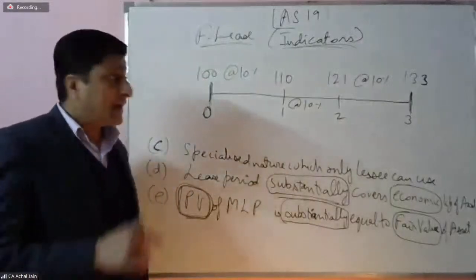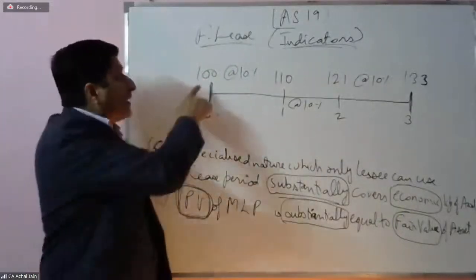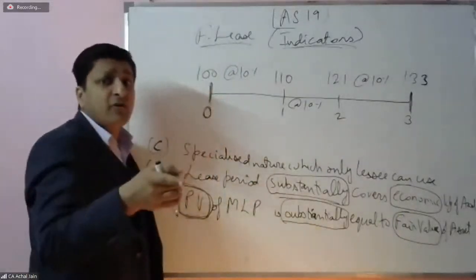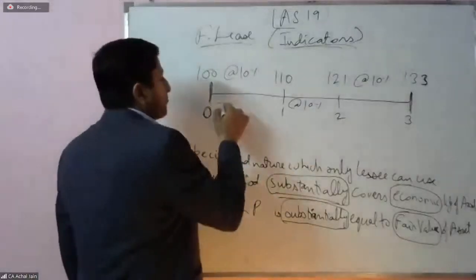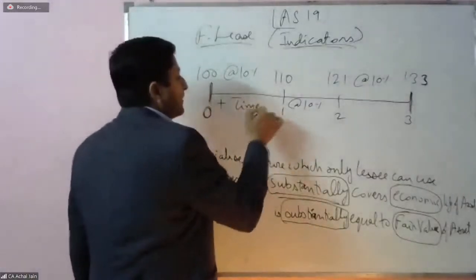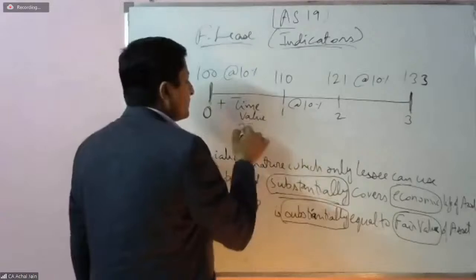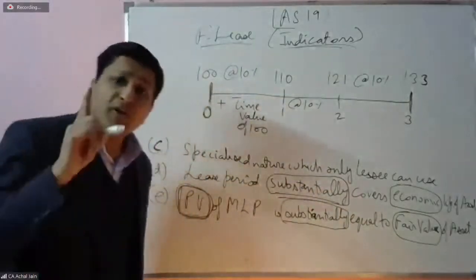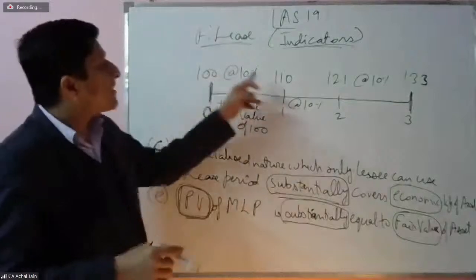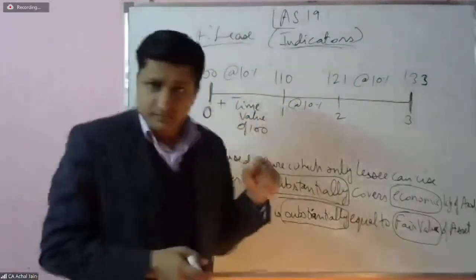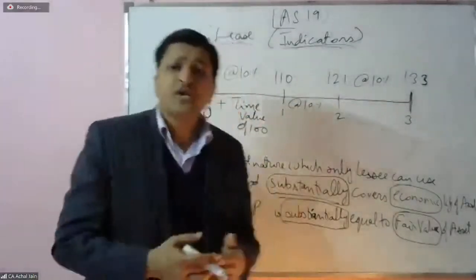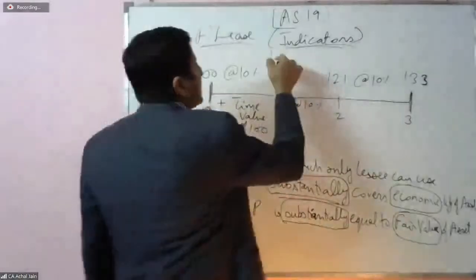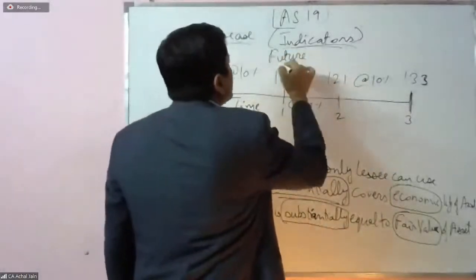Or we can say 100 plus the time value of money, the time value of 100 over 1 year will make the 100 as 110, which is also the future value. This 110 is what? Future value.